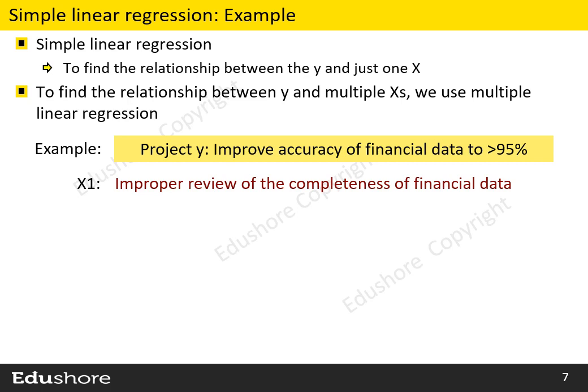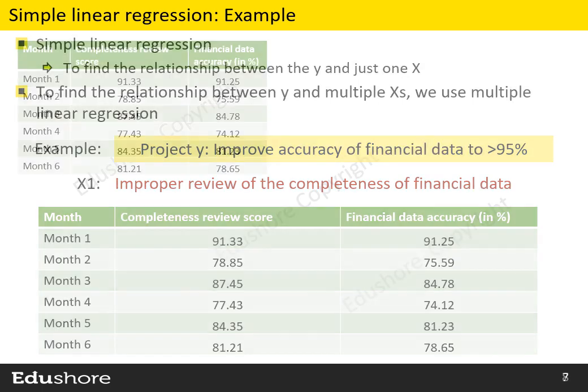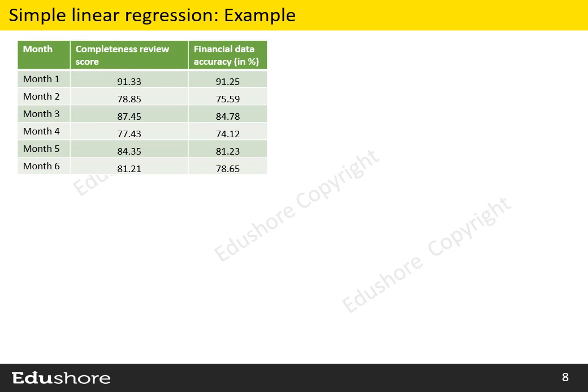Since the review of the data is not proper, it is impacting the overall accuracy of financial data. And here is the data of X and Y. X is the completeness review score, and the Y is financial data accuracy.